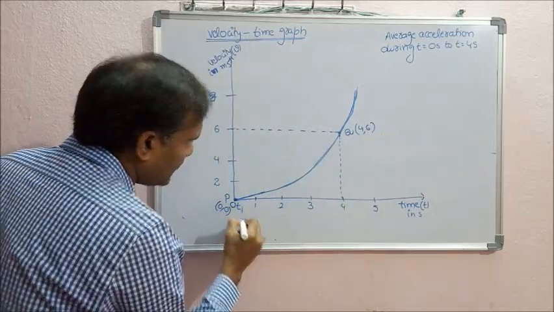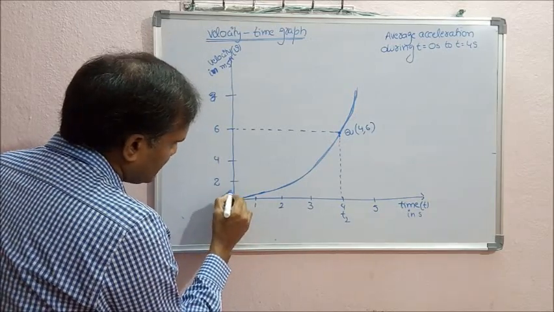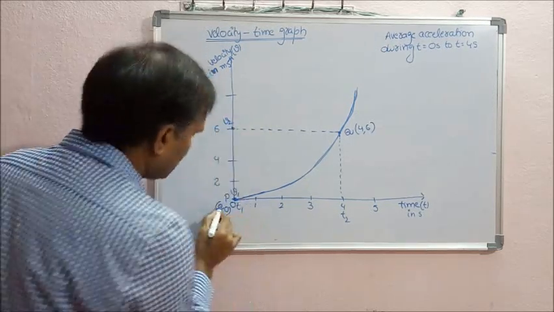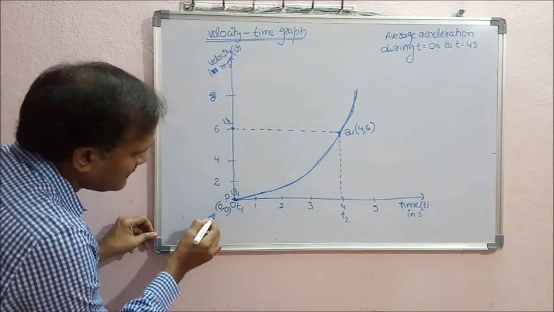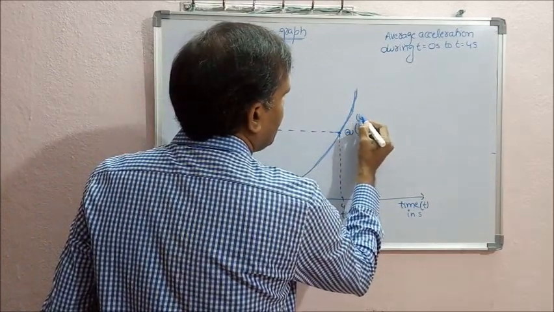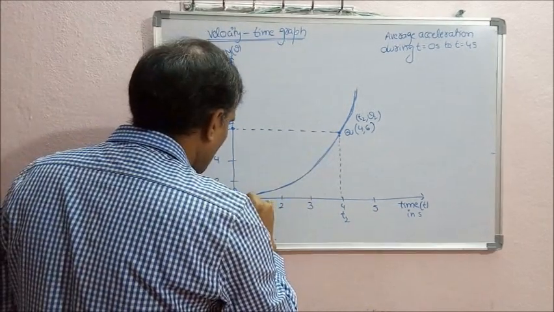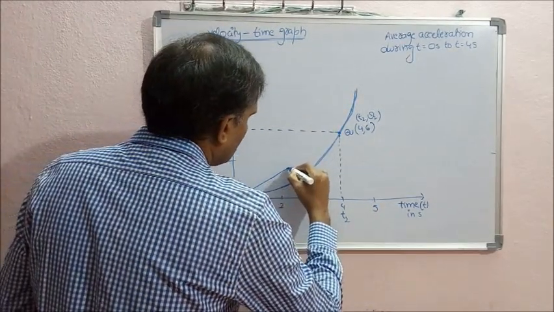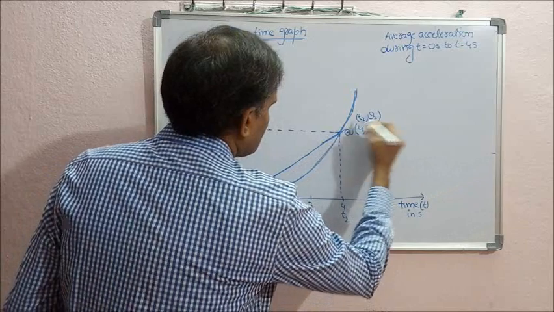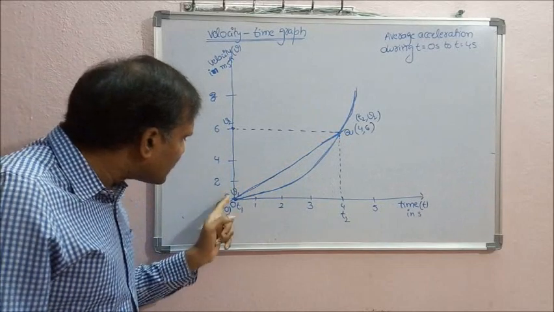You can assume it is T1, it is T2. Here the velocity is V1, here the velocity is V2. Therefore, the coordinates of P in terms of these variables are T1, V1, and here it is T2, V2. Now you join these 2 points with a straight line and find out the slope of this line PQ.